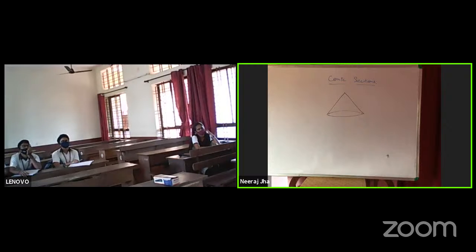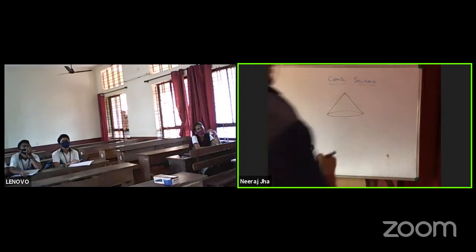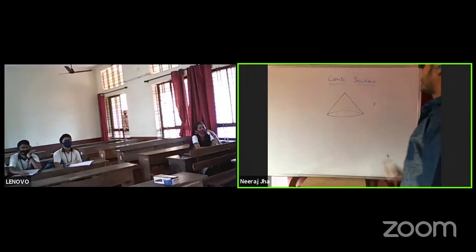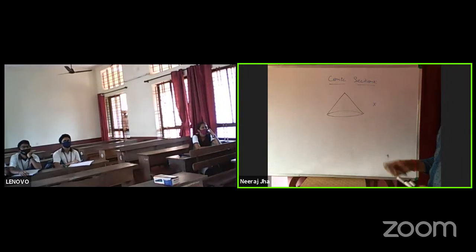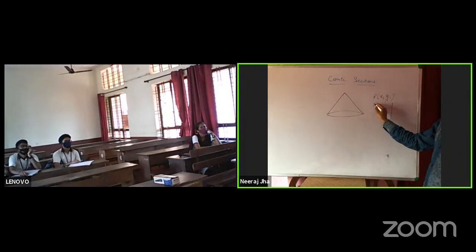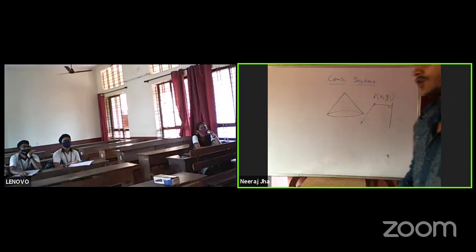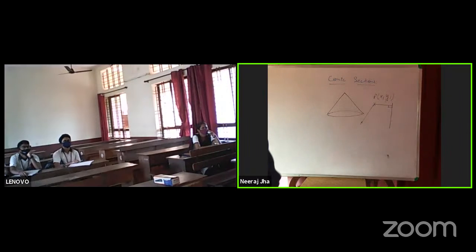Okay, so in mathematical language, what we say is: if we have a point, let's say any point (x1, y1), and this point is moving in such a way that its distance from a fixed line and its distance from a fixed point, the ratio of these distances, is always constant, that is going to give you a conic.